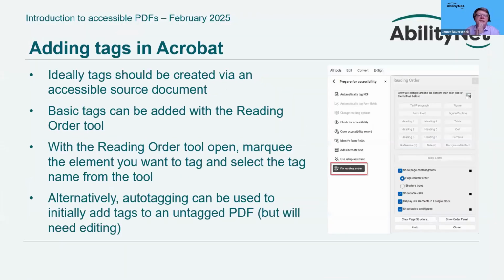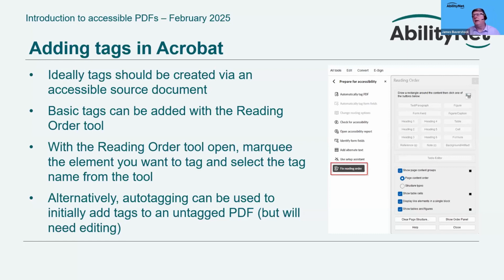If we think about adding tags, ideally you want to have created your PDFs from a Word or an InDesign file with the tags there. So generally, you're not going to want to add your tags manually unless you absolutely have to. But you may not have a source document.